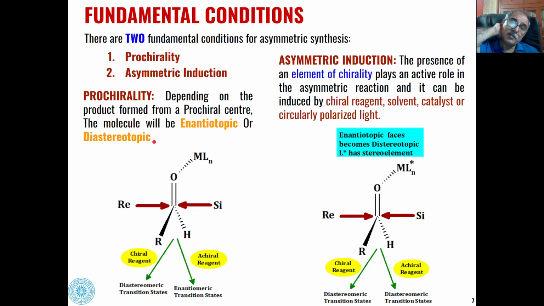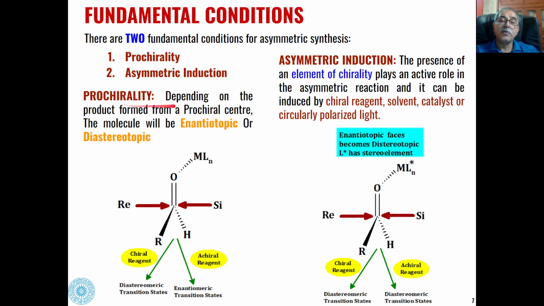Now, what are the fundamental conditions for asymmetric synthesis? There are two fundamental conditions. One is prochirality. Prochirality is when any achiral reactant, on some reaction, can produce a chiral product. Such substrates are called prochiral substrates, and the phenomenon is called prochirality.